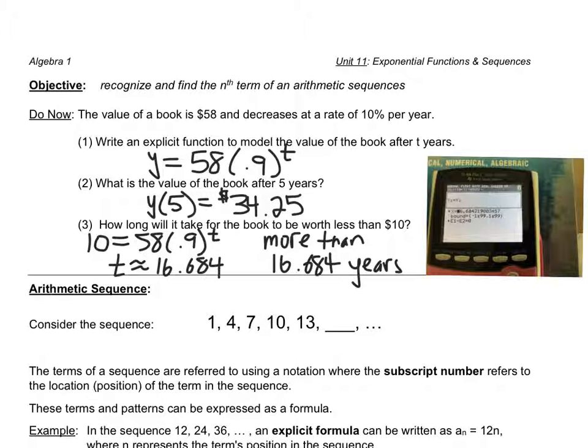Because sometimes it'll say to the nearest year, or you'd say t is more than. You could say t is greater than, you could say more than. Well, actually, at least wouldn't make sense because that would allow you to be exactly 16.684. But as long as you get the idea across that you need to get past that number in order to be less than $10, then you've done your job.